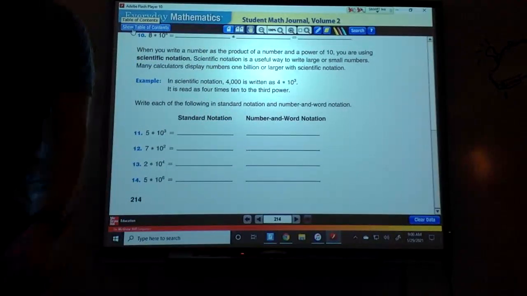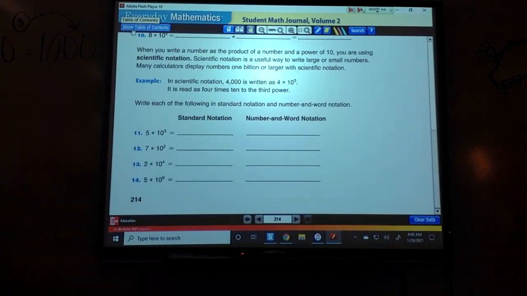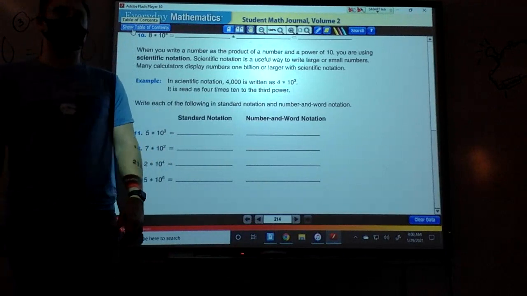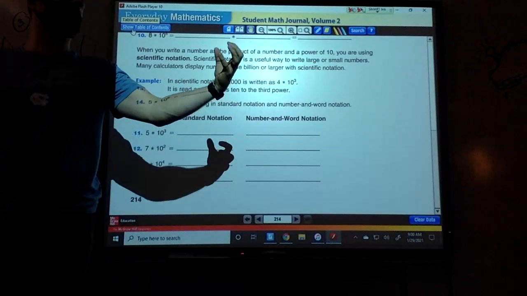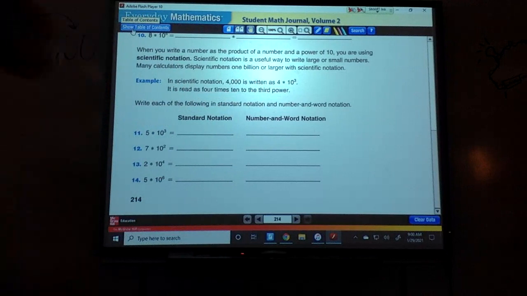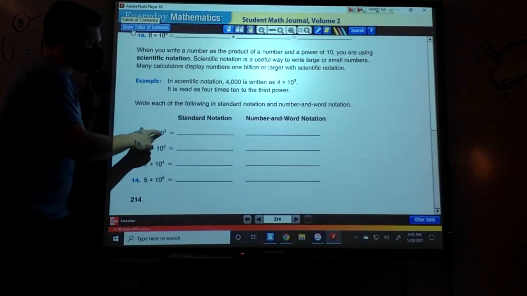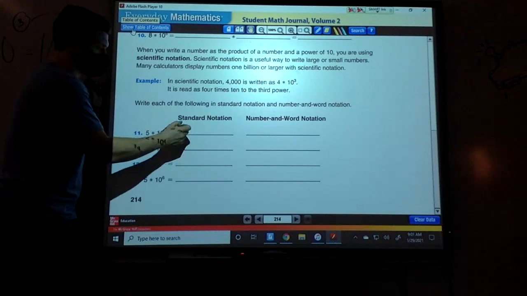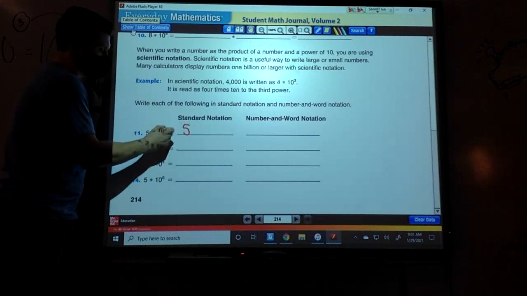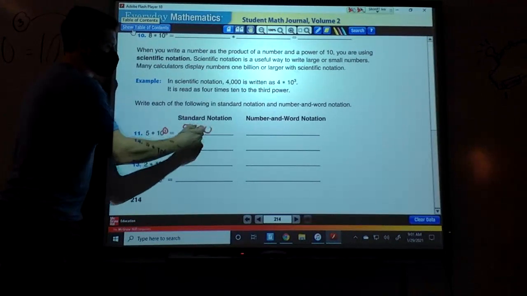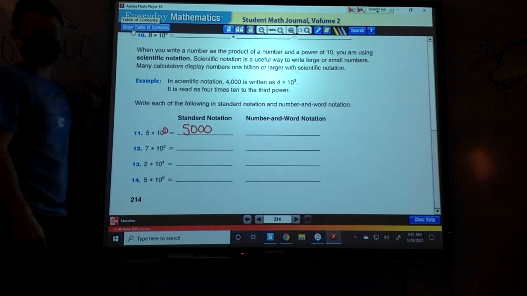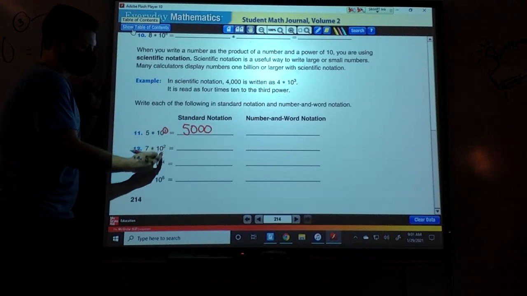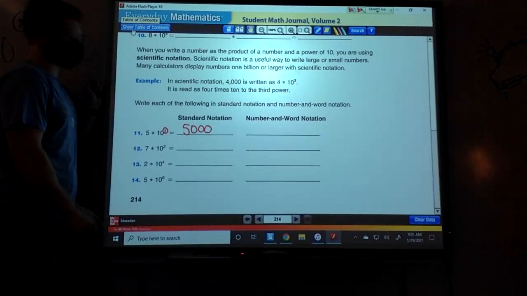We're going to put it in standard. What does standard mean? Like you go 10 times 10 times 10 times 10 equals that. No, that's expanded. So we're going to solve it. Okay, we know that this is a 1 with 3 zeros. So we could do 5 times 1 and slap on those 3 zeros. We know 10 to the second power is a 1 with 2 zeros, which is 100.